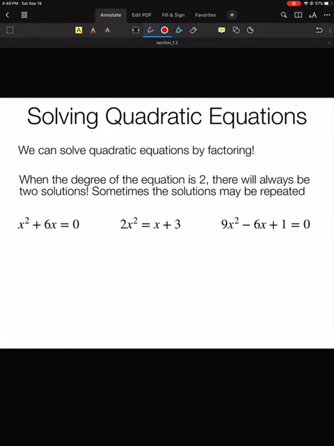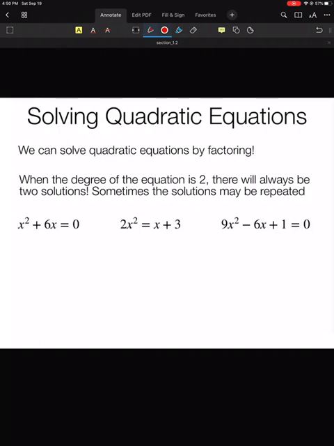When the degree of the equation is equal to 2, which is what we're going to work with all throughout this section, there will always be 2 solutions. So for every equation that we work with, the answer should have 2 of them. Sometimes the solution may be repeated. So in fact, we only have 1, but it happens twice. We'll see that here in a second.